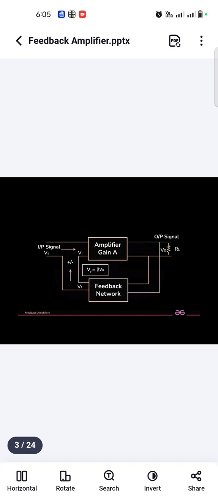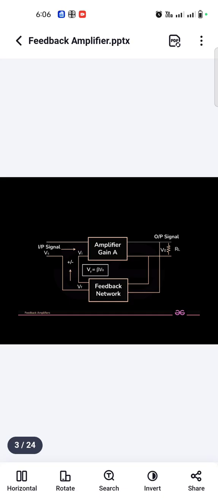Now the gain is of two types: gain with feedback and gain without feedback. Gain without feedback we call open loop. Open loop means simply one block is there, the input is directly given and we get the output directly.